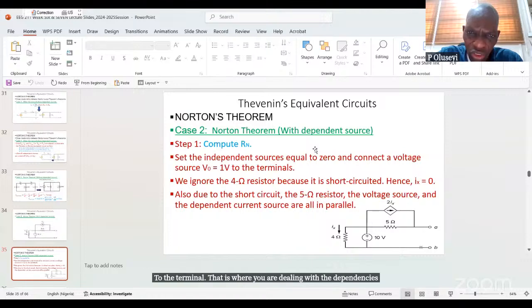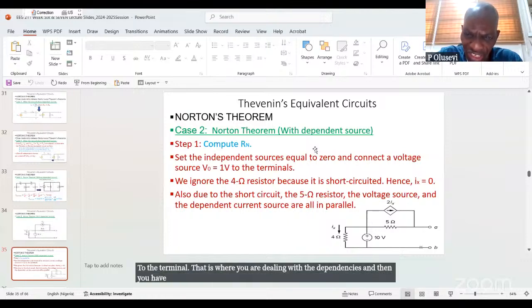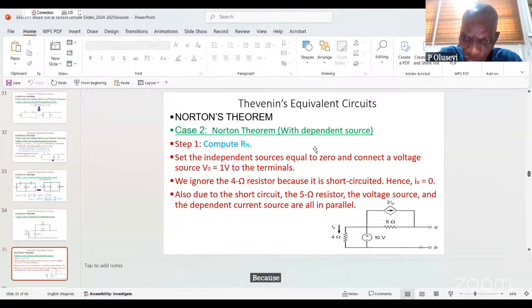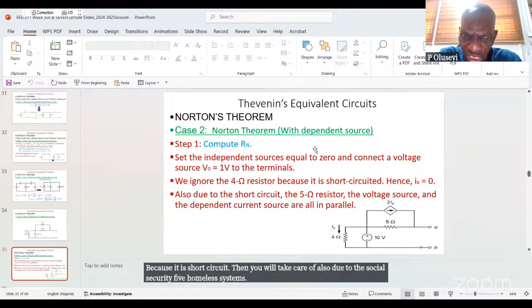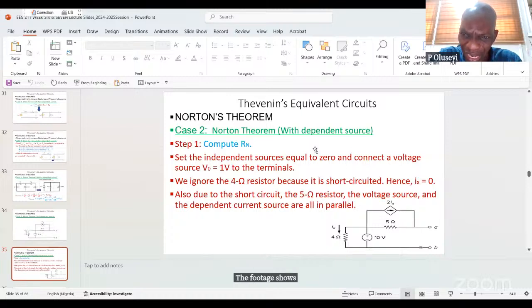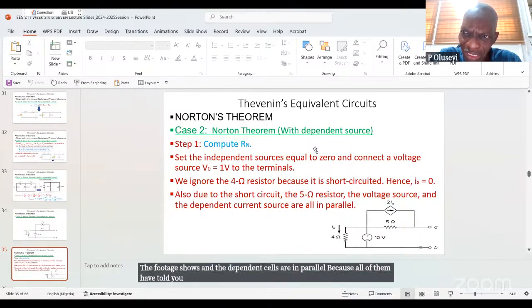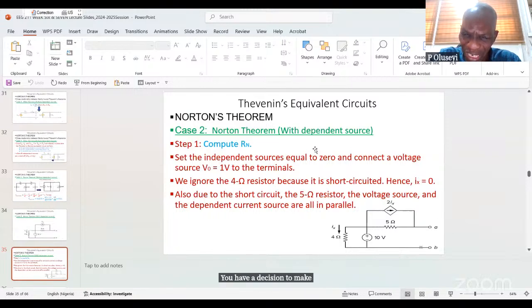And then you will ignore the 4 ohm resistance because it is short circuited. Then, also due to the short circuit, the 5 ohm resistor, the voltage source and the dependent source are in parallel, because I've told you, when you get to a junction and you have a decision to make, you should know they are all in parallel.